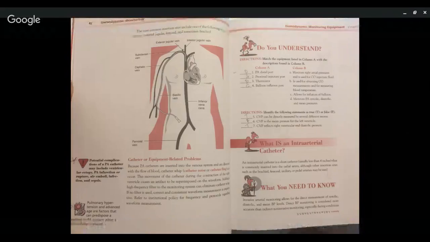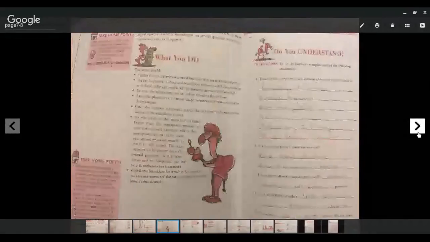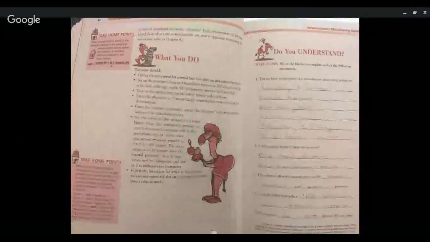Invasive arterial monitoring allows for the direct measurement of systolic, diastolic, and mean blood pressure levels. Direct blood pressure monitoring is more accurate than indirect, non-invasive monitoring, especially during conditions of altered peripheral resistance, abnormal body temperature, or abnormal blood flow.